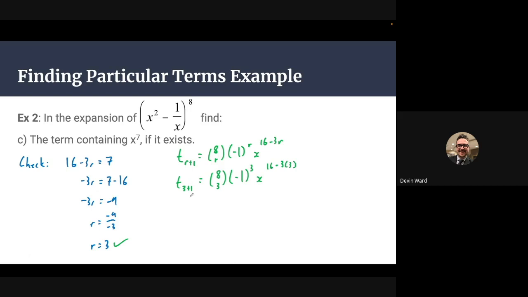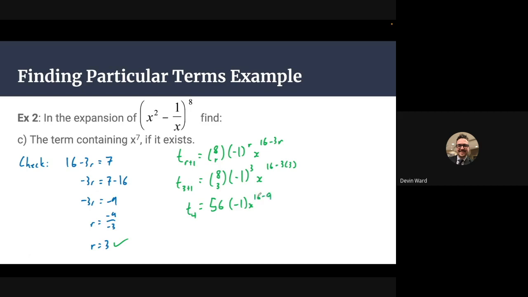So 3 plus 1 is 4, so I know that's my fourth term. 8 choose 3 should be 56. Negative 1 to the power of 3 is going to remain negative 1, x to the power of 16 minus 3 times 3, which is 9. That's really what you can do in the steps, because we got space here.